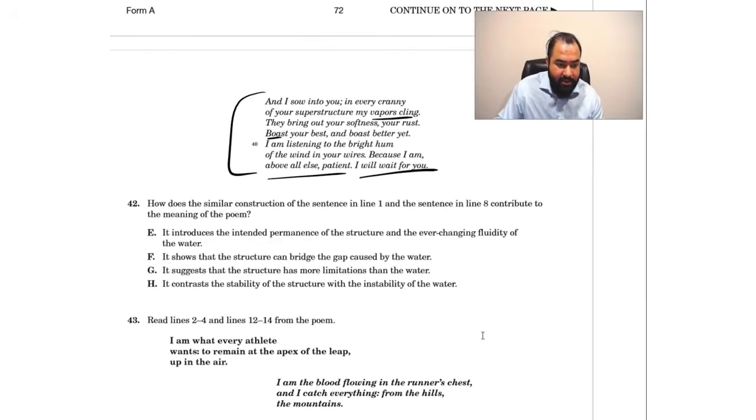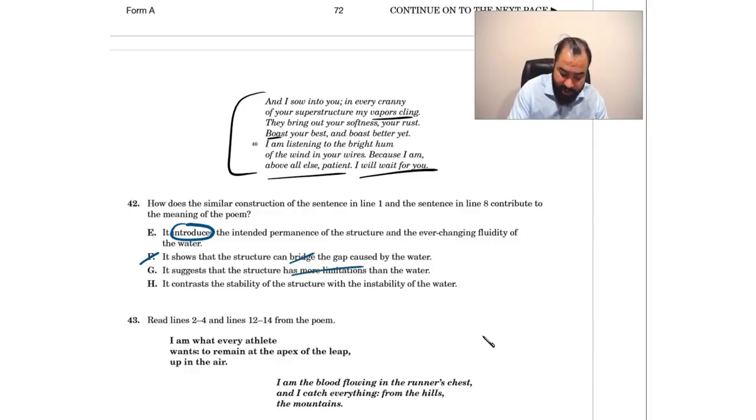As you can see in the options, E says it introduces the intended permanence. So "built" means the intended permanence of the structure. The main point is that it introduces water and the concrete, but it's very important that we do the process of elimination. I wouldn't just mark it as the answer. First I would do the process of elimination. F says it shows that structure can bridge the gap. It didn't talk about a bridge or anything yet in sentences 1 and 8. It suggests that the structure has more limitation than water.